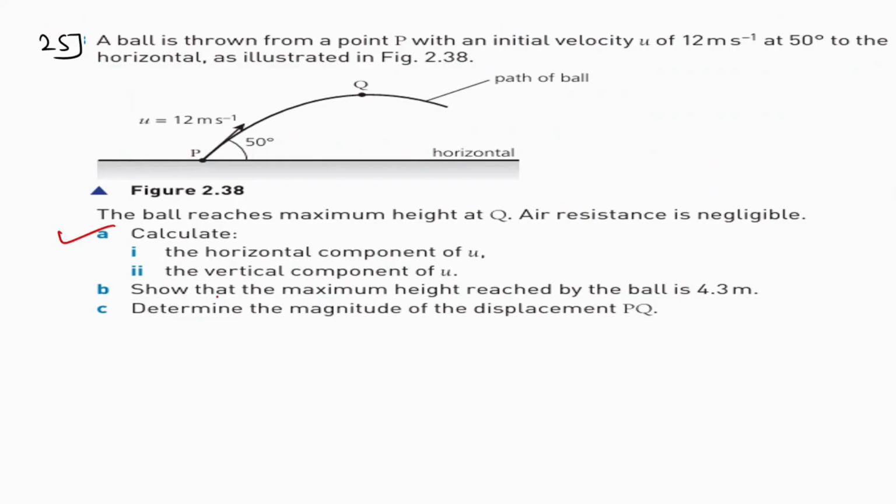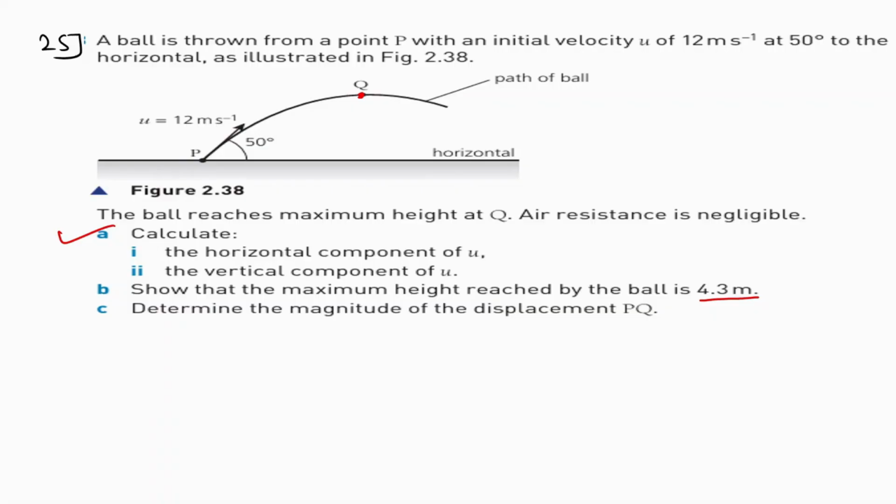Question B says show that the maximum height reached by the ball is 4.3 meters. Which equation do you have to use here? Try to recall.